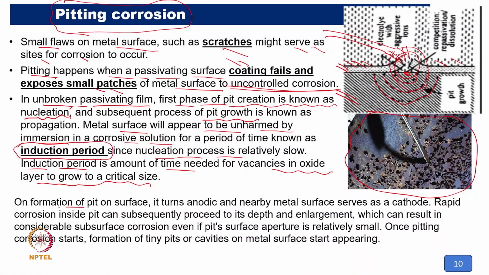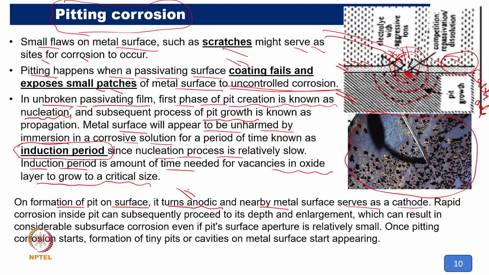Now we see the formation of a pit on the surface. As I mentioned here, the pit becomes an anode, and the whole surface becomes a cathode. The nearby metal surface serves as a cathode.